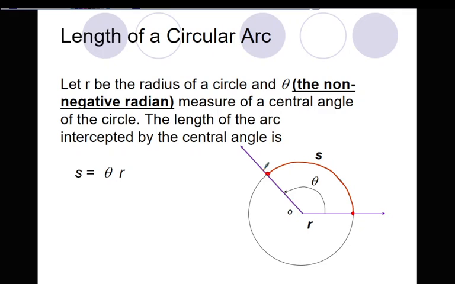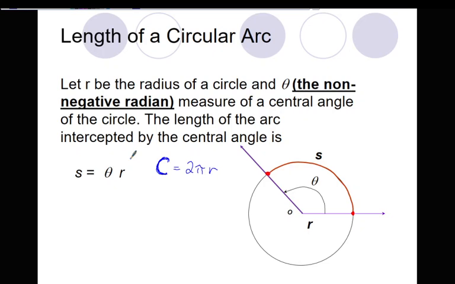This equation should look familiar. Because arc length is a piece of the circle's what? Circumference. We all know that circumference is equal to 2 pi r, right?